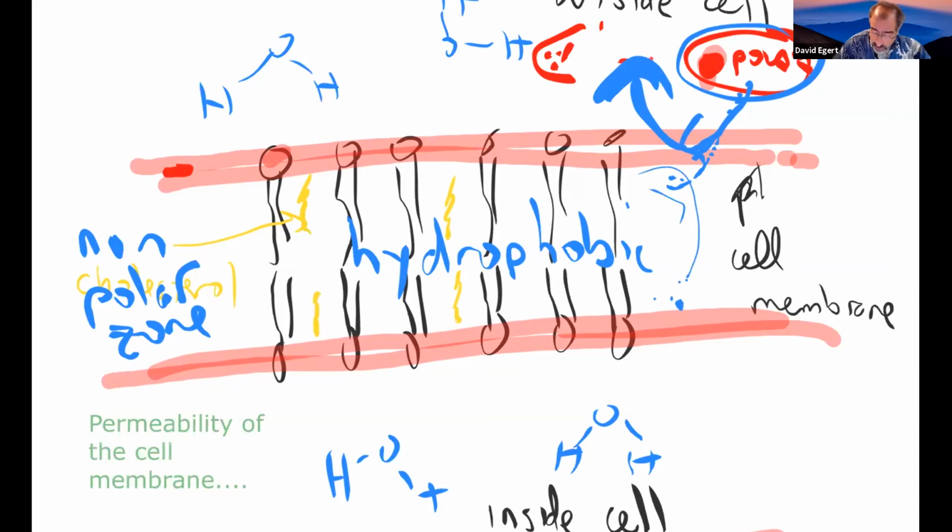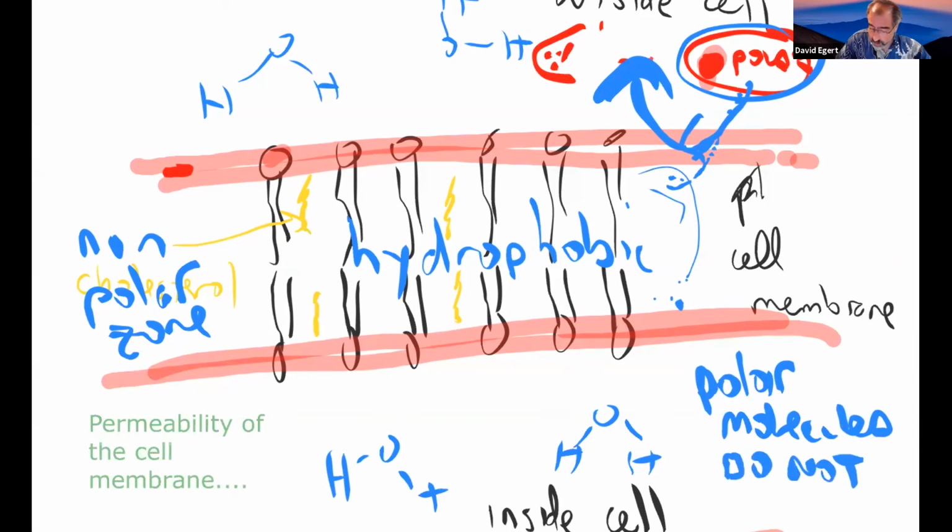So in general, polar molecules do not cross without help. And we're going to see there are some exceptions, but in general, polar molecules do not cross without help.